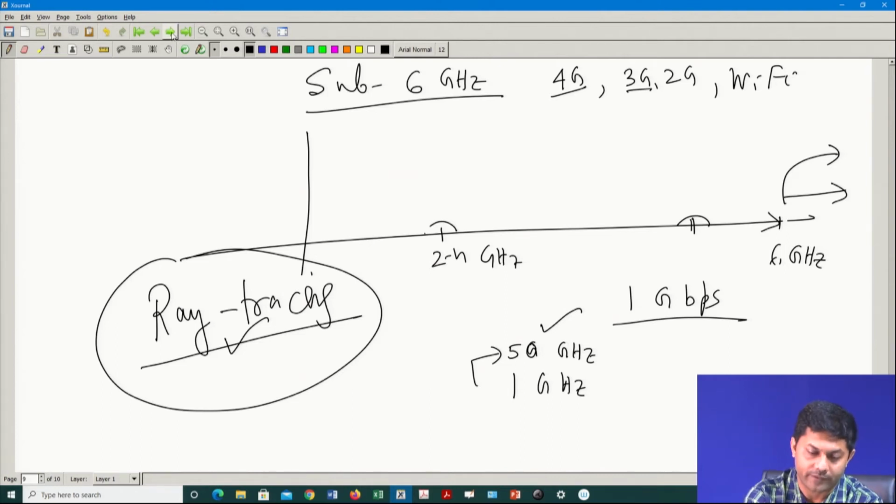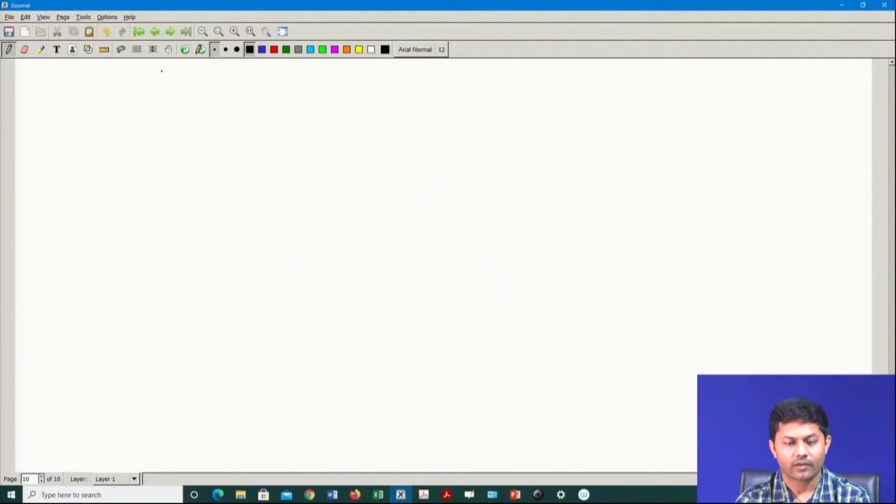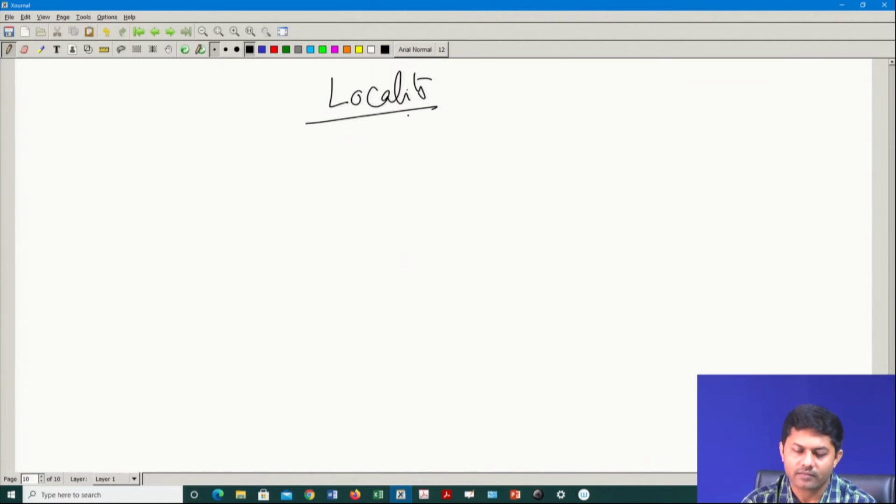Now, there is one more point. Another reason is that most of today's areas or regions are clustered regions. What is meant by cluster? Let us take a locality, in an Indian scenario or any world scenario, that does not matter.